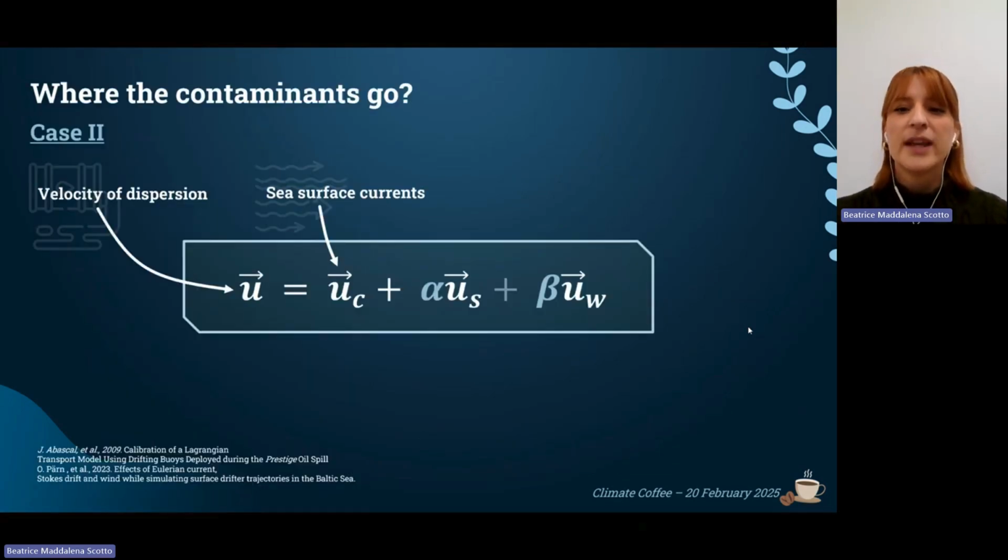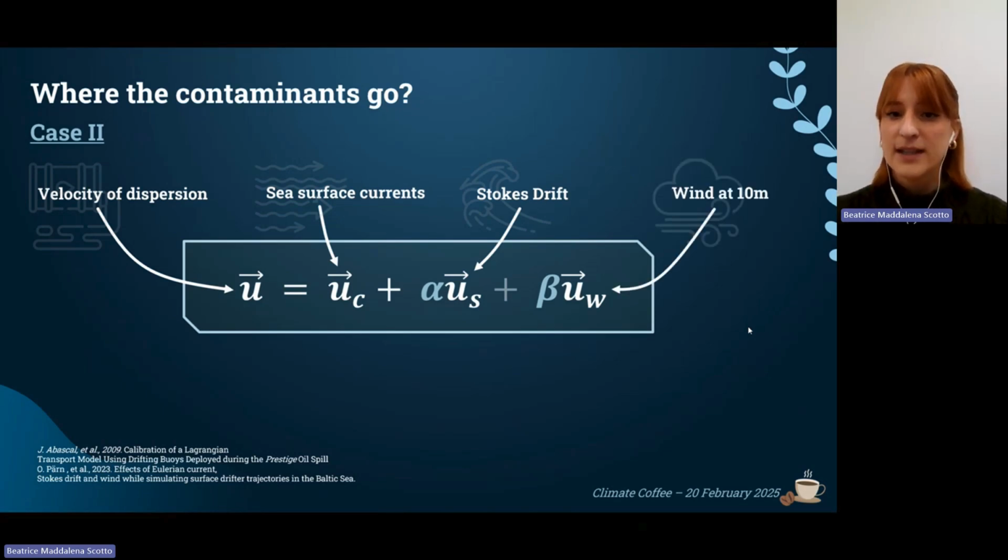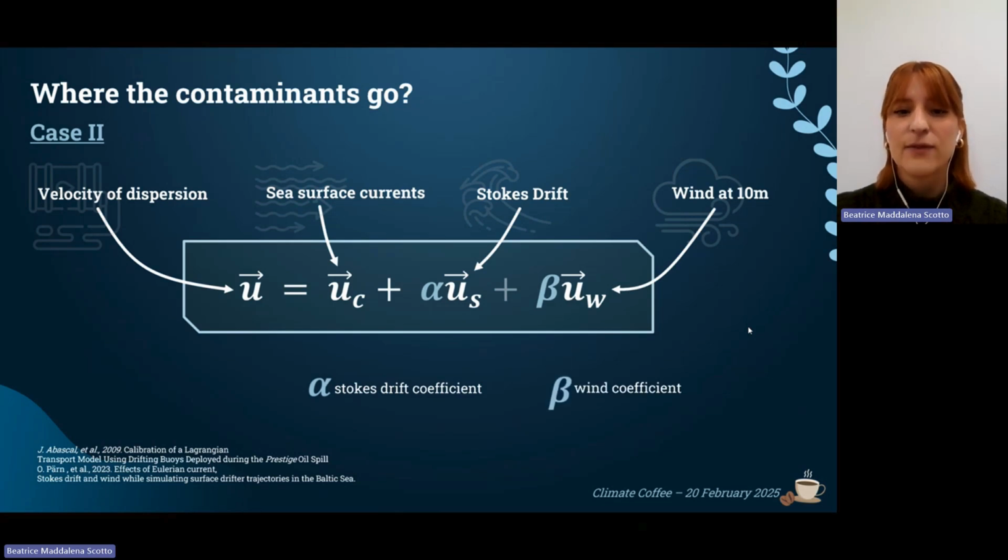And to do so, we added two other components to the sea surface currents. One is the Stokes drift, which is caused by the surface waves, and the other one is the wind. These two components are associated with a coefficient: the alpha coefficient for the Stokes drift and the beta coefficient for the wind.